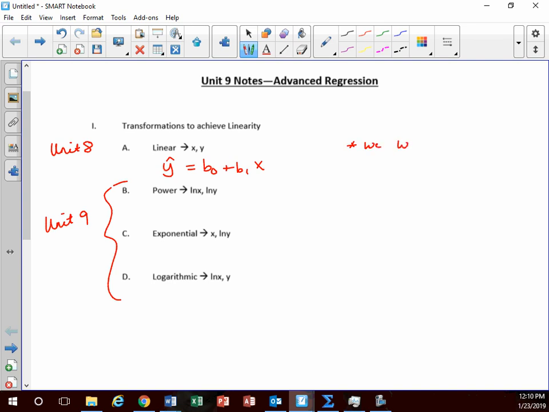We want to transform data so that linear regression will work.